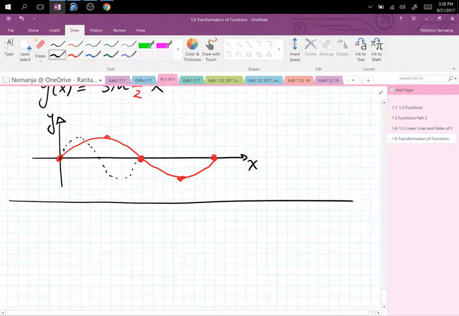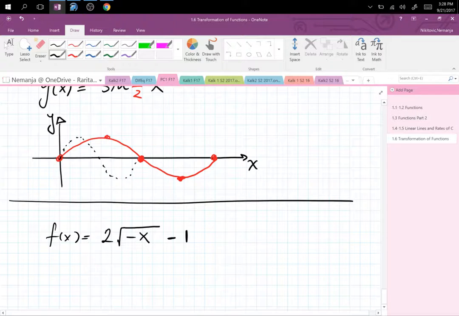Let's take a look at an example which will have multiple of these things. Say f of x is equal to 2 square root of negative x minus 1.